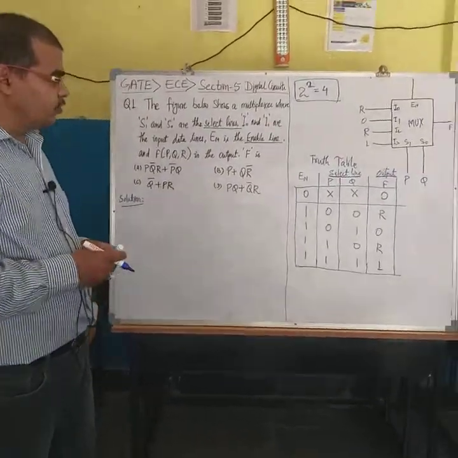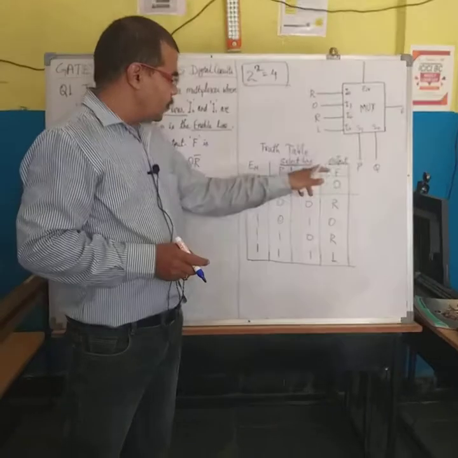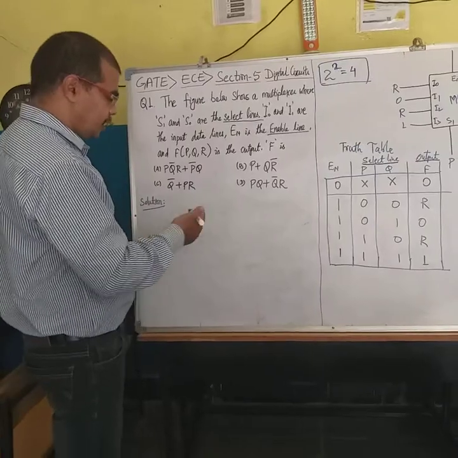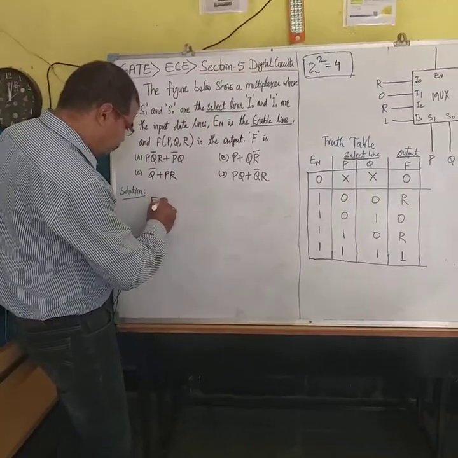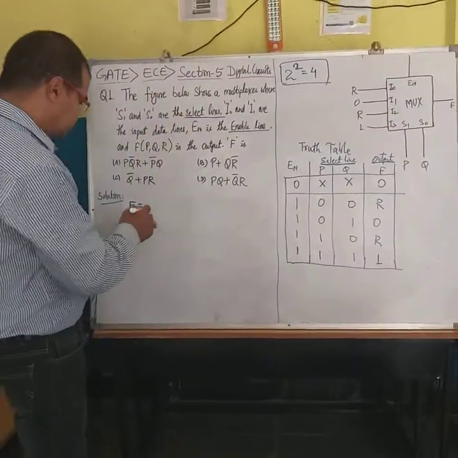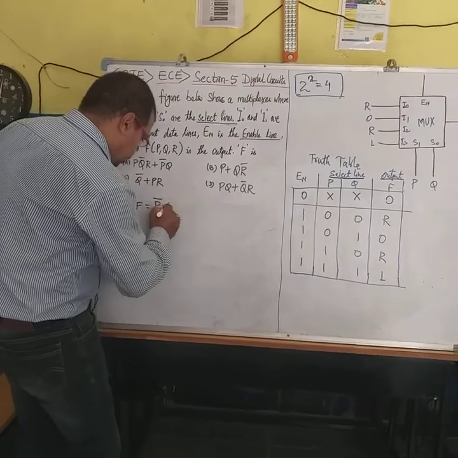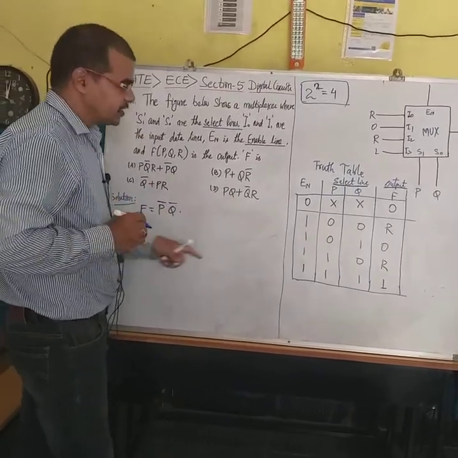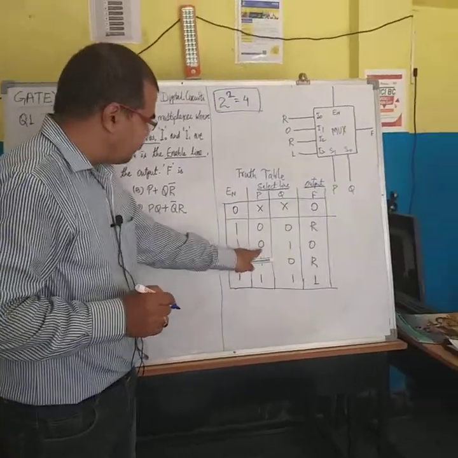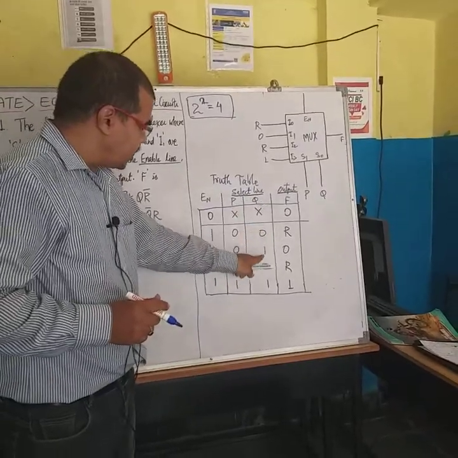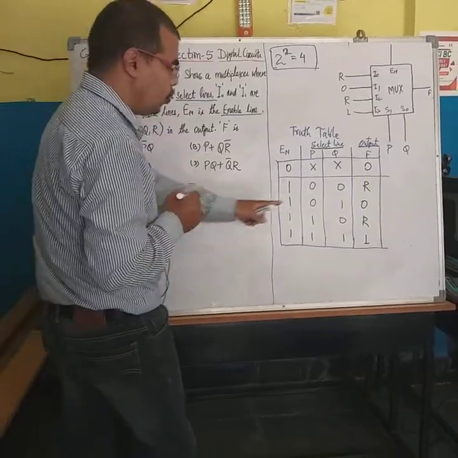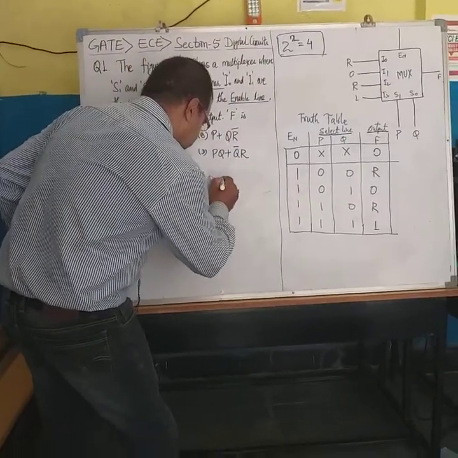Now let us try to find the relation between your output and the select line. If we see the truth table, we can say that your output F will be equal to: here you are having 0 0, which means P dash, Q dash, and output is R. Plus, here you are having P as 0 and Q as 1, so you will be having P bar Q and output is 0.